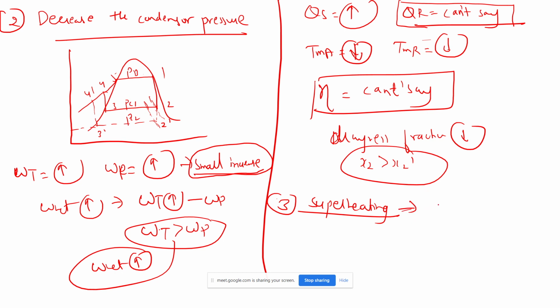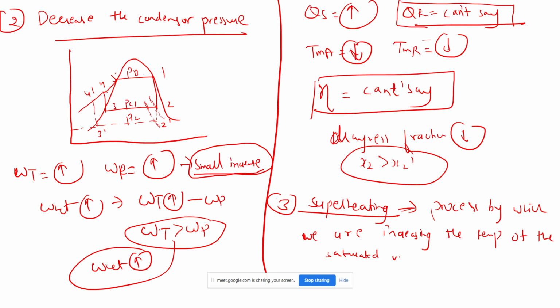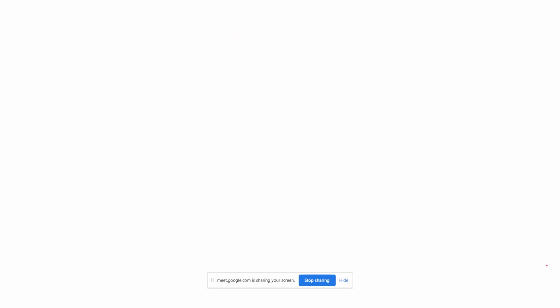Superheating is the process by which we are increasing the temperature of the saturated vapor at constant pressure. I'll show you.